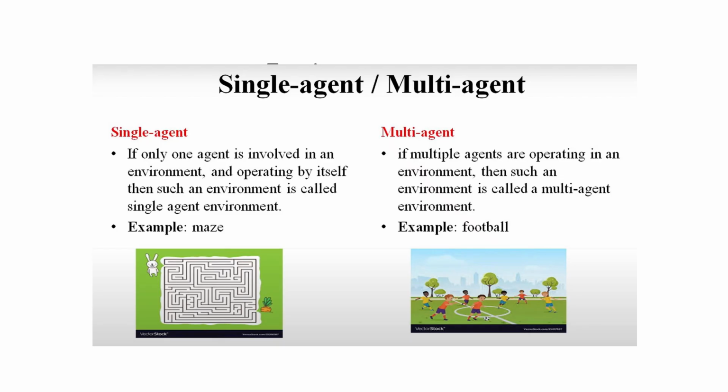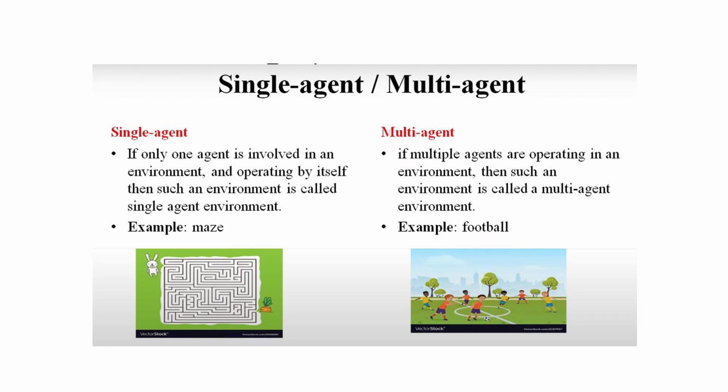That type of environment is said to be a single agent environment. So the example can be a maze and carrot, and route planning is a good example. Apart from that, we can solve a Sudoku puzzle. And moving on, the next one is multi-agent.